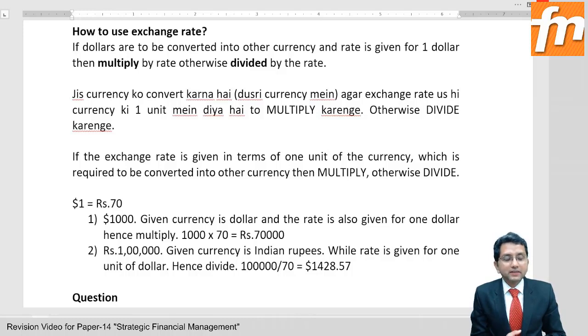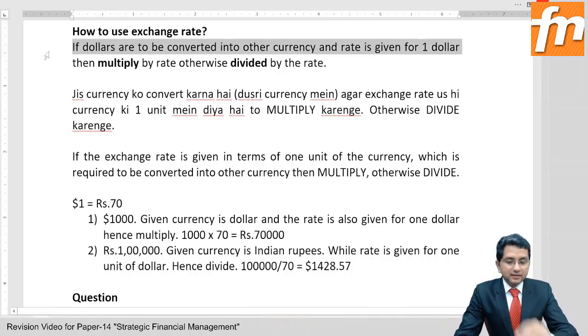Now the question is, if the exchange rate is given, this $1,000 should be multiplied by exchange rate to arrive at number of Indian rupees, or these $1,000 should be divided by exchange rate to arrive at number of Indian rupees. All these depends on one simple rule of thumb.